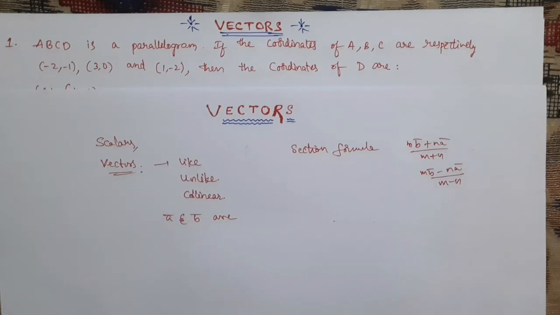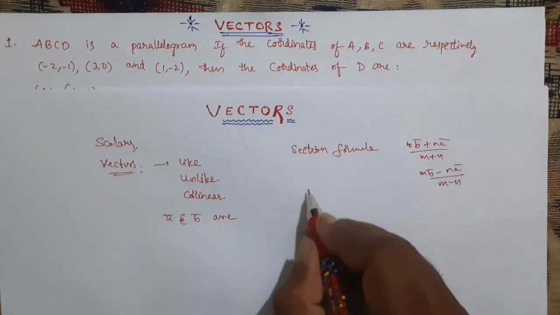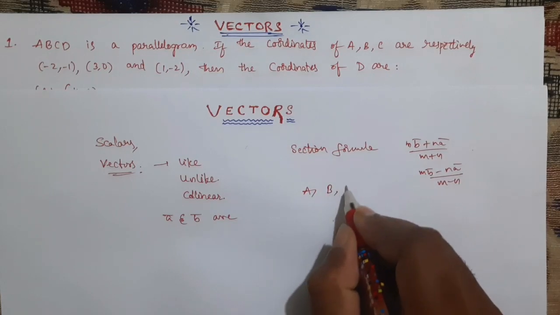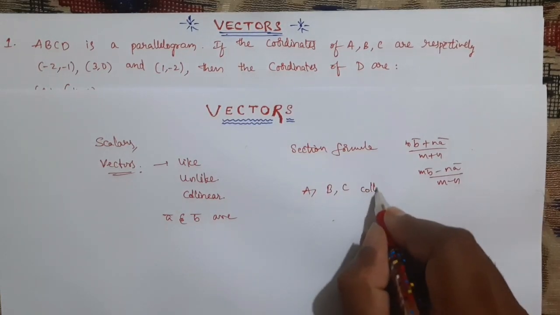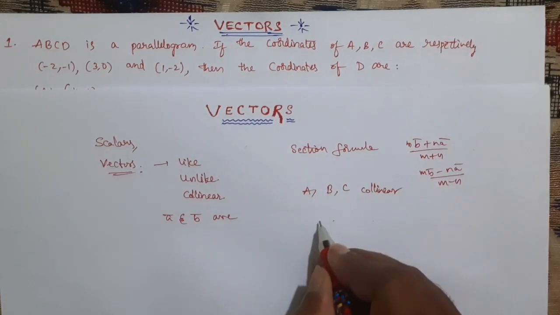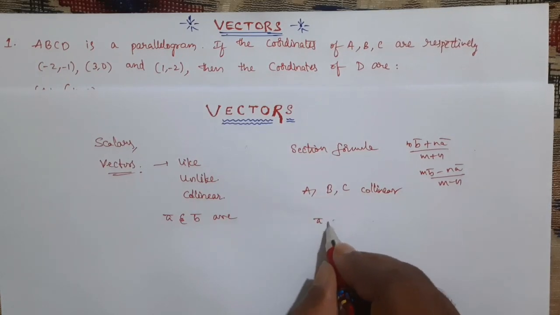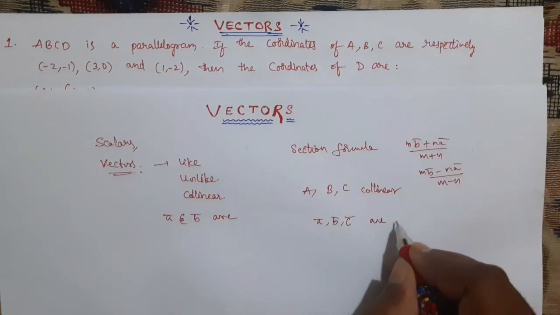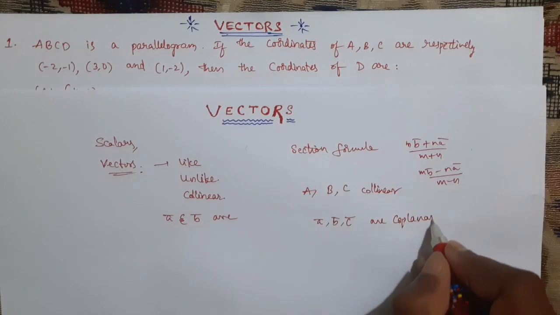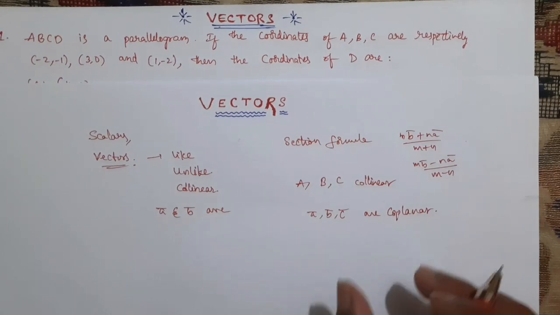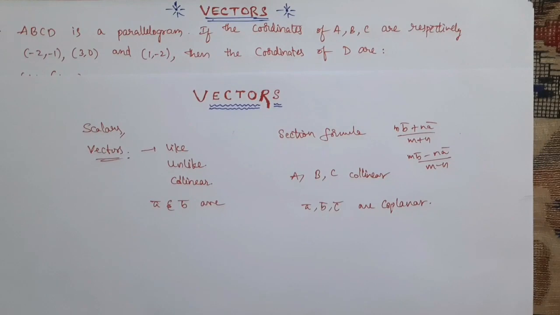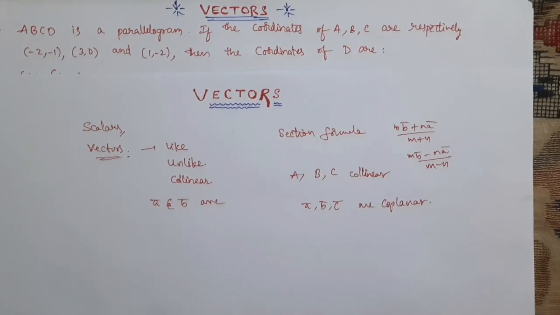You can download it. And then if A, B, C are collinear, if three points are collinear, what we need to do. Otherwise, if A bar, B bar, C bar are coplanar, we need to make the determinant equal to 0, and then we'll get the required constants.